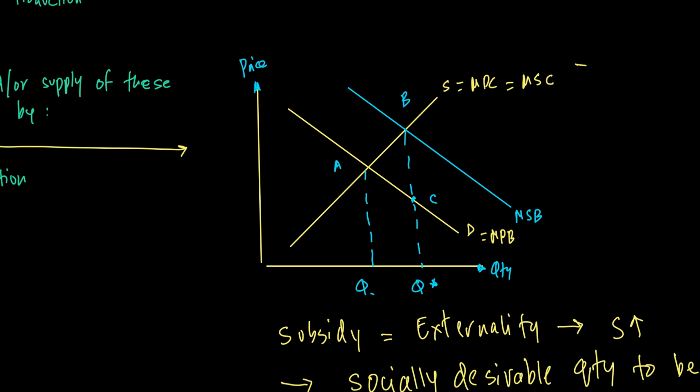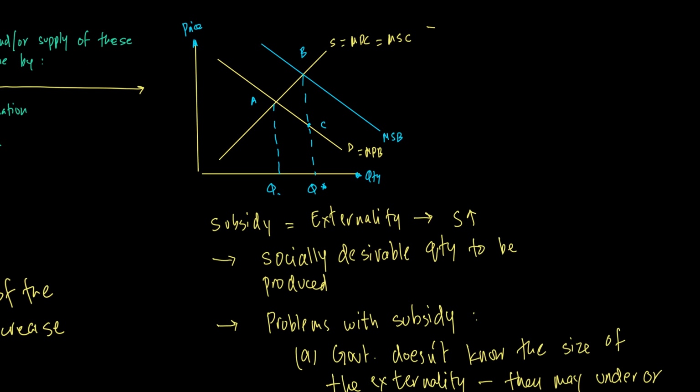So if the government gives a subsidy equal to the externality, this is what I wrote here. If the subsidy is equal to the externality, supply will go up, and this rise of supply will mean we can get our socially desirable quantity produced.